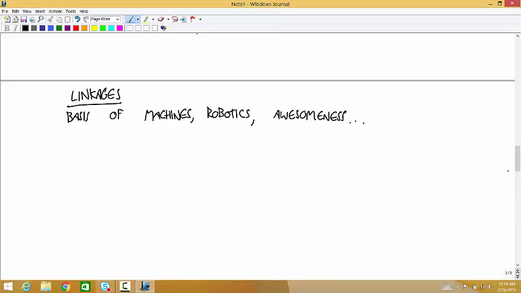So here's the deal with linkages, and let me give you an example. This is a simple example, and this is the one that I'm going to do.